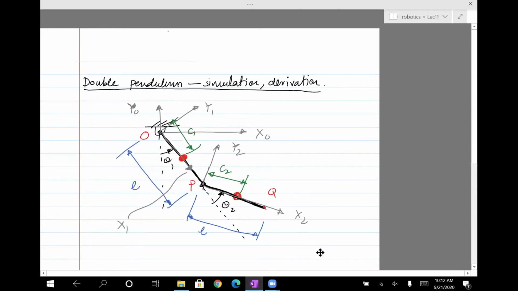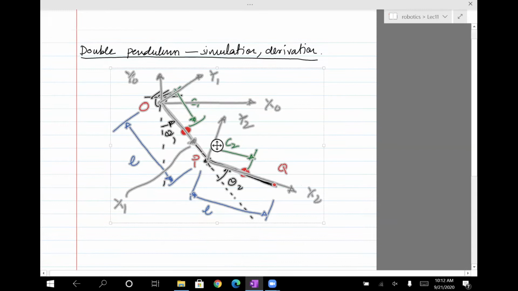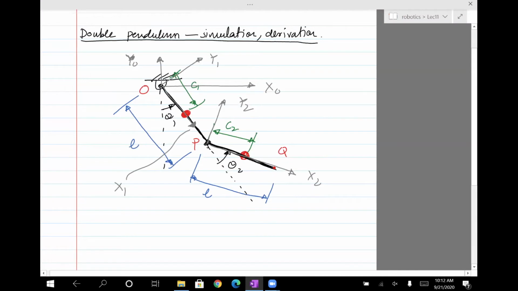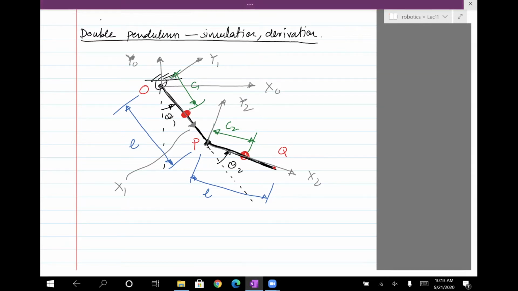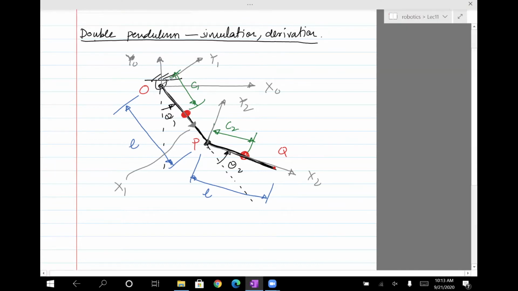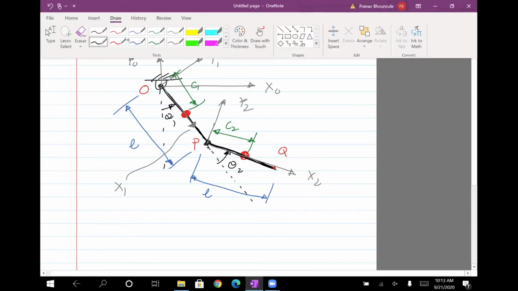Okay, zoom it a little bit. Okay, it's a bit cluttered, but I hope you can see it because of the colors I've used. Okay, so what I'm going to do now is, before, I just forgot a few variables.